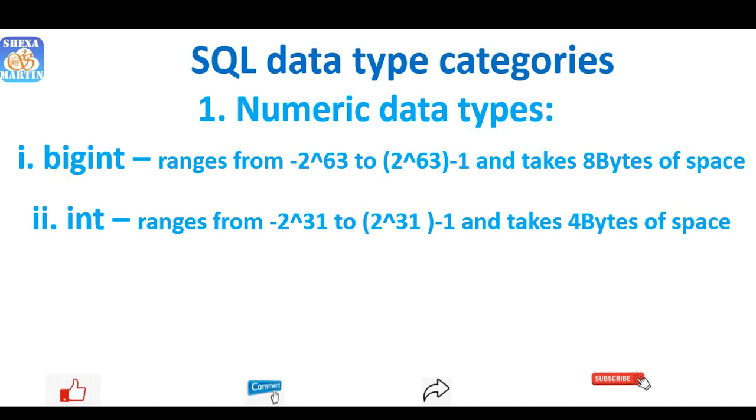The values that exist within integer exist within a smaller range, while those that exist within bigint are in a bigger range. And you can see that if you declare a column with the data type bigint, it's going to take more space than you might require for a certain value.